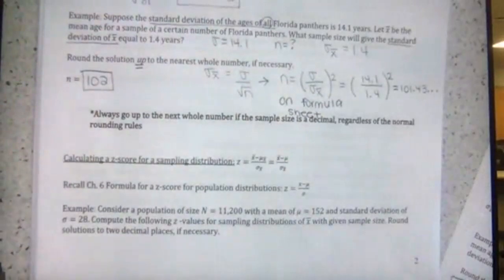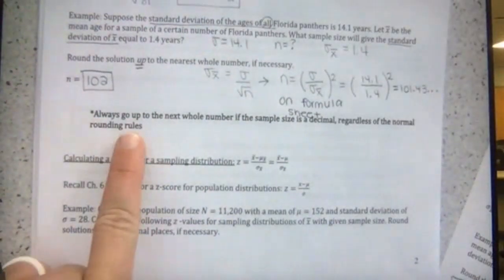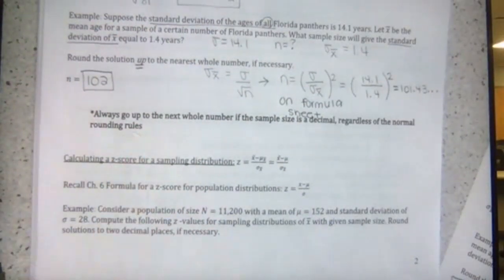Whenever you're finding n, always round up. And I put this here: always go up to the next whole number if the sample size is a decimal, regardless of normal rounding rules. So you don't want part of a Panther. Whenever you're finding n, only for n, always for n. Questions on that one?